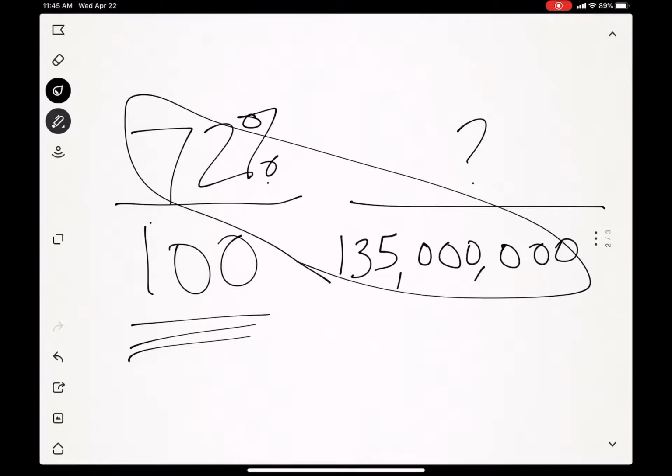So I'm going to multiply 72 times 135 million, and I get 9,720,000,000. 972, and then let's count the zeros: 1, 2, 3, 4, 5, 6, 7.